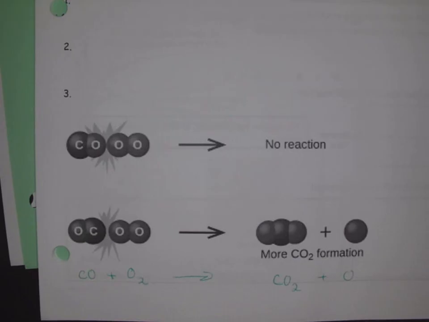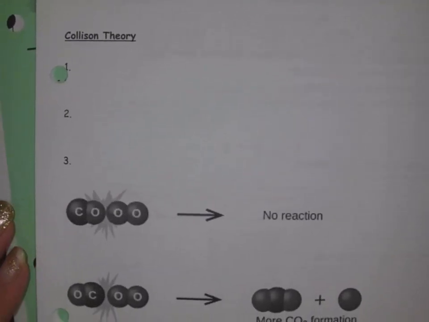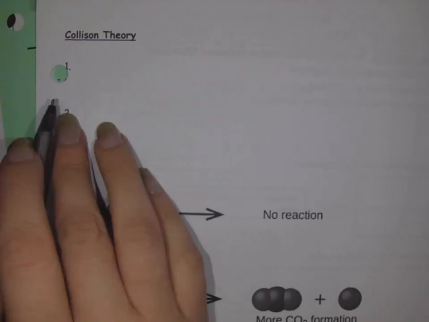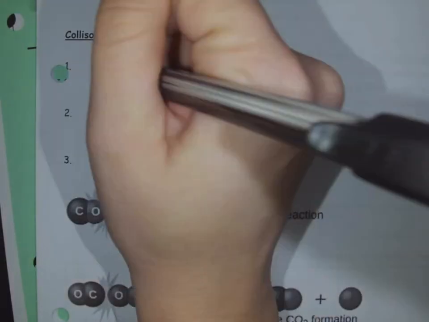Let's see if I can find a darker pen. Now, in order for reactants to turn into products, there are three things you need to know. The first one is that reactants have to collide. If they do not collide, then a reaction doesn't occur. So collision theory has three parts. First, reactants must collide.